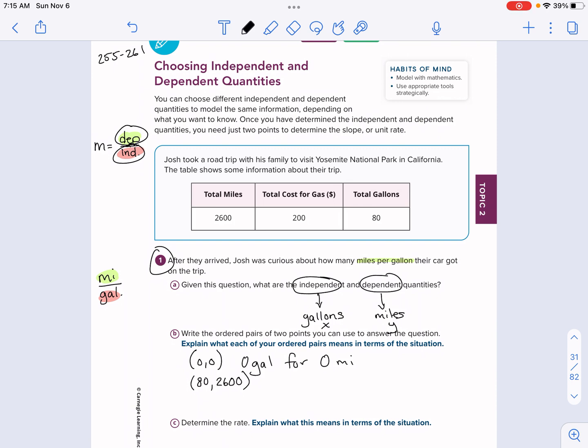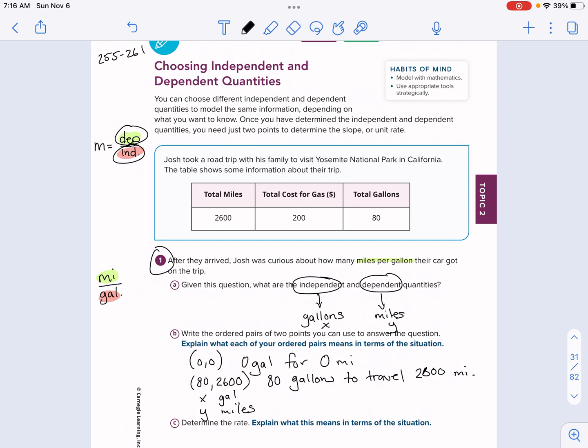This means 80 gallons, and I should abbreviate it, to travel 2,600 miles. Let's actually write out x and y. So x is gallons and y is miles.